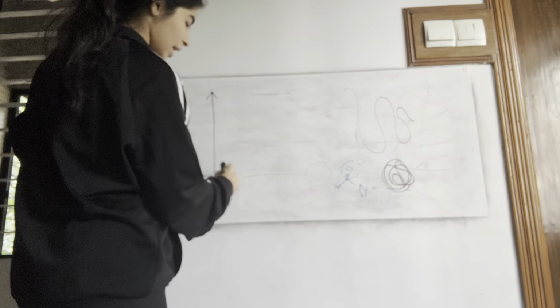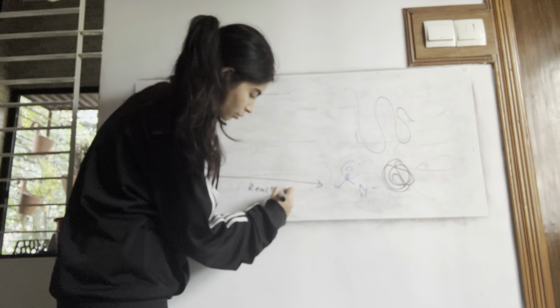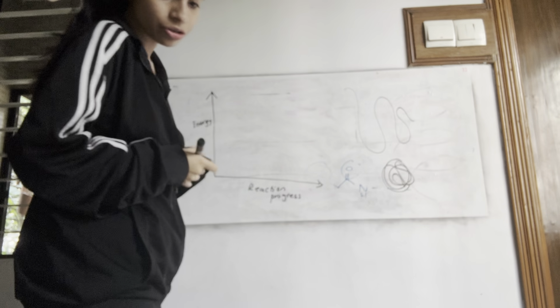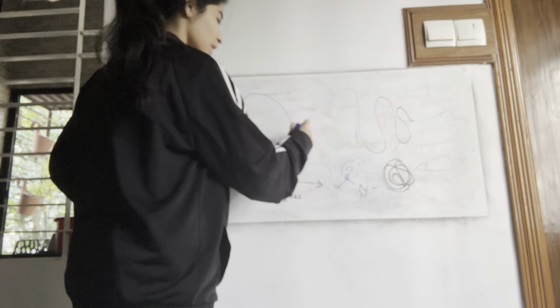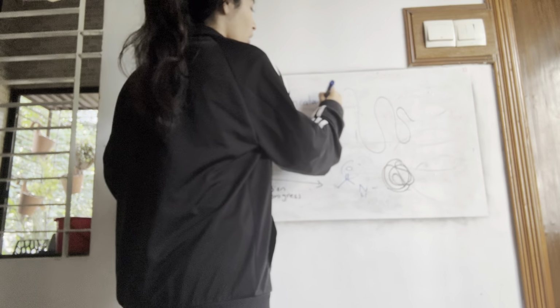So this is my energy pathway. This is how the reaction progresses, and energy. When the reaction is uncatalyzed, it's like you have to study for everything in one day. That is harder. That requires a lot of energy.